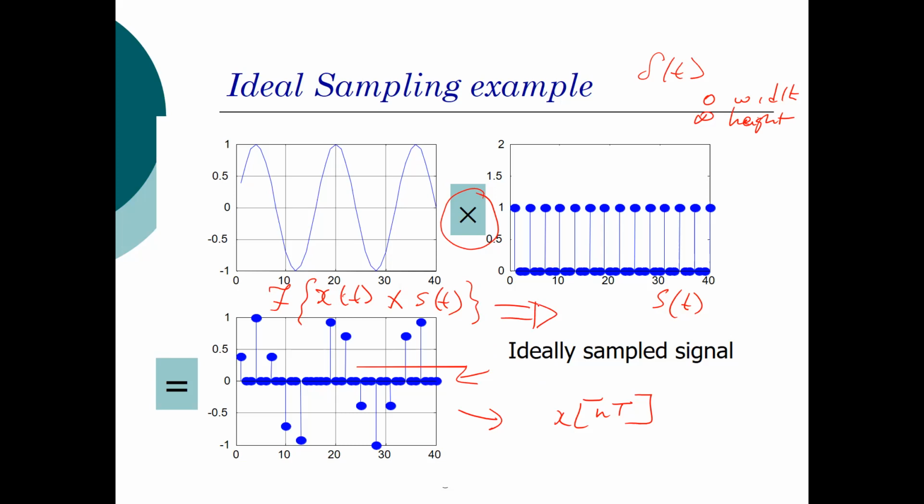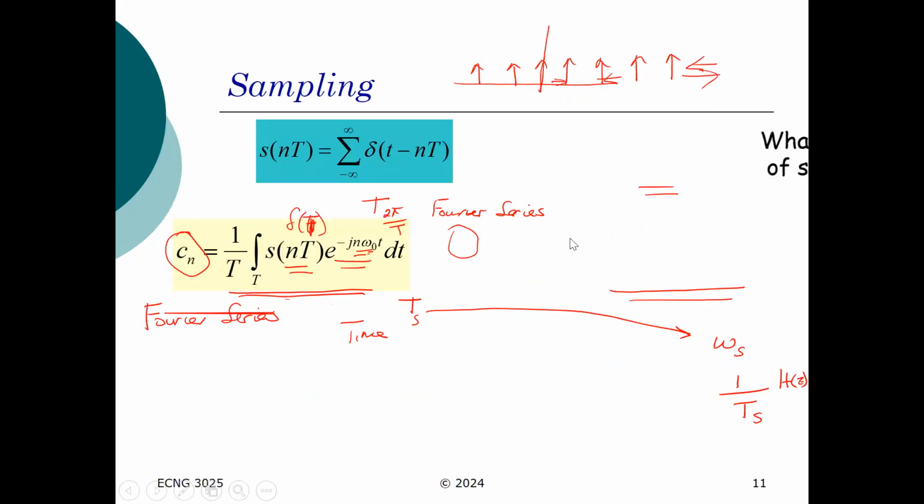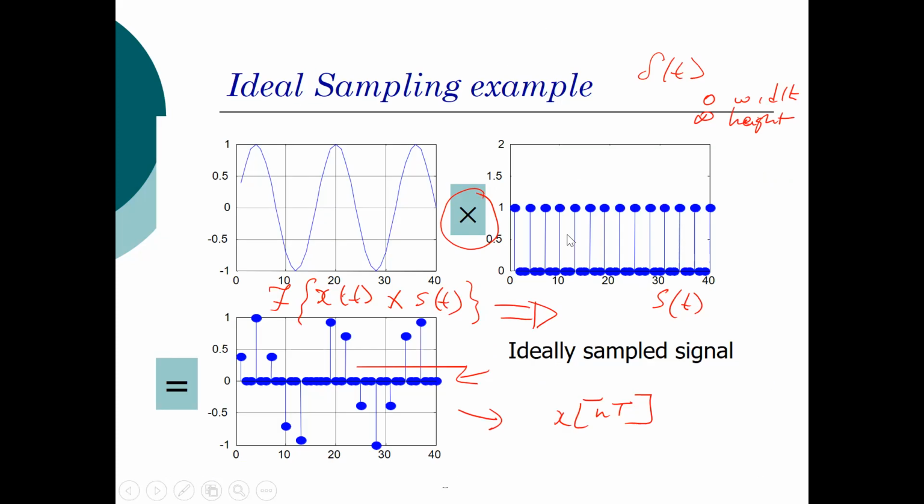Convolution. So when I multiply in time, and remember again, this has its own spectrum, and this has its own spectrum, which is S(j omega), a set of impulses as we just saw.